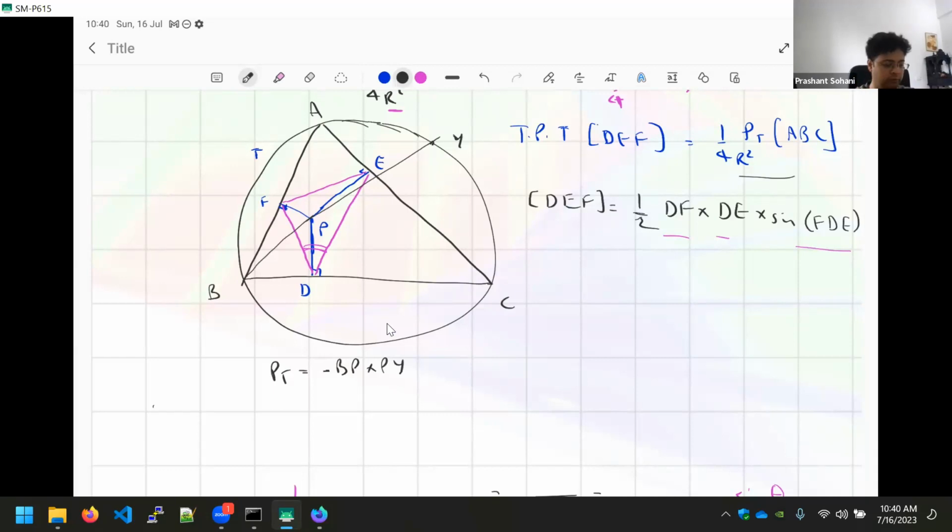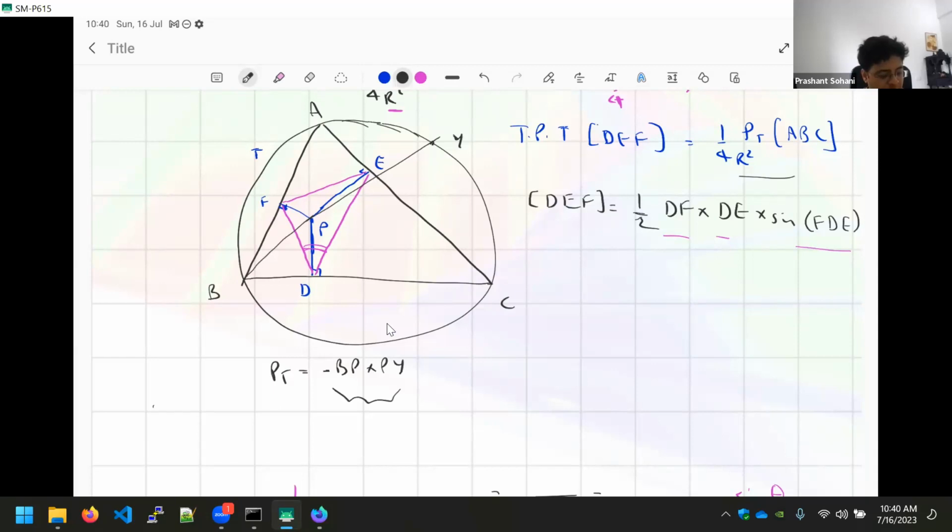So I'm going very slow in this part because I want to give as much time as possible for you to think and take the next step. So on the LHS, I have DF, DE, and on the RHS, this P gamma will be replaced by BP into PY and some extra terms also.